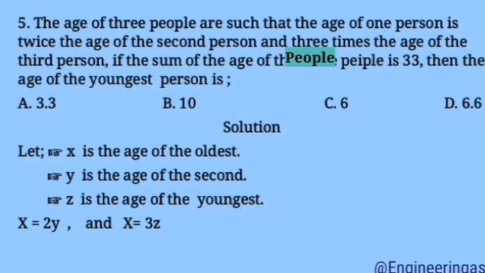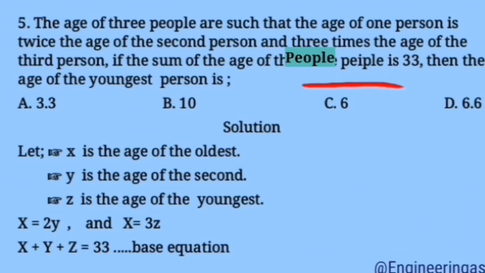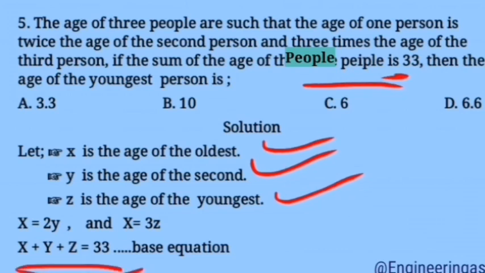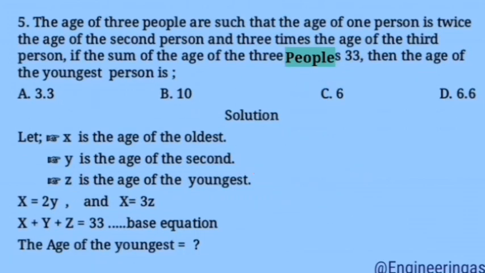Finally it says the sum of the ages of the 3 people, the oldest, the second, and the youngest, equals 33, so x plus y plus z equals 33. Let's call this the base equation because it is very important to solve this problem. So the age of the youngest person is required.